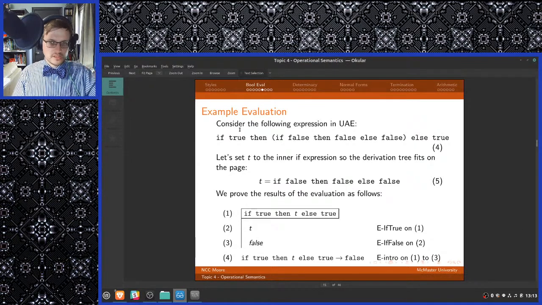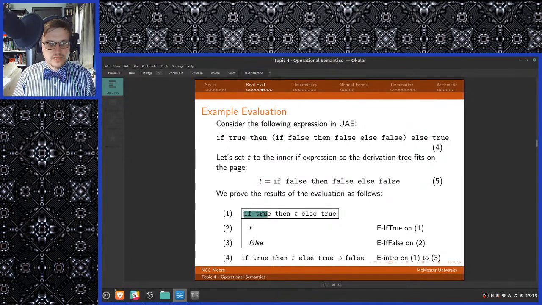So, consider the following UAE expression: if true, then if false, else true. Let's set t to the inner if expression so the derivation fits on the page. So I'm performing a slight substitution so that this actually fits. So t is if false, then false, else false. We prove the results of the evaluation as follows.